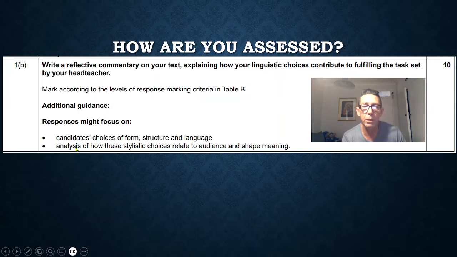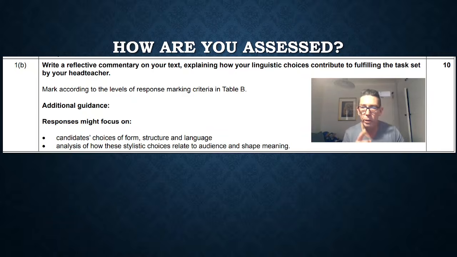The responses might focus on how the stylistic choices of form, structure, and language relate to audience and shape meaning. So this is the same kind of thing that we assess when you're doing your paper 1, your textual analysis. This is the same information.